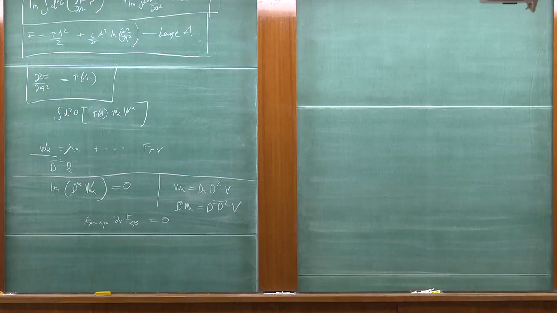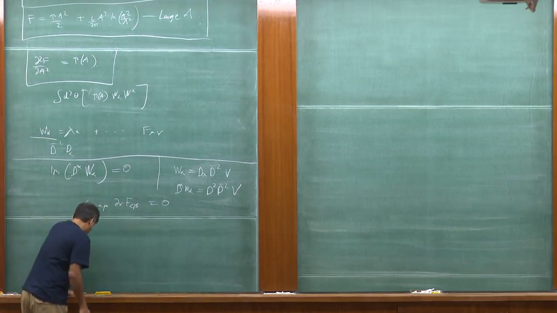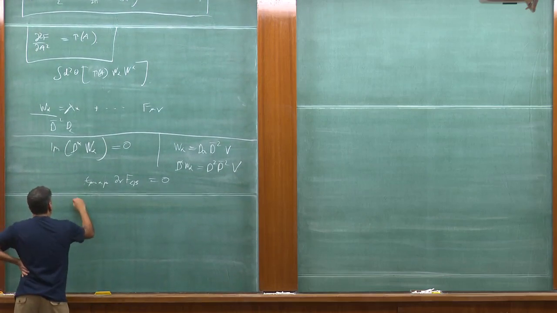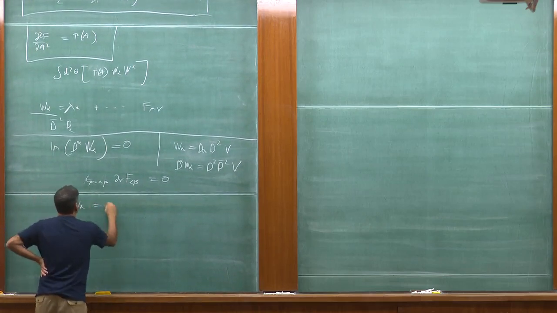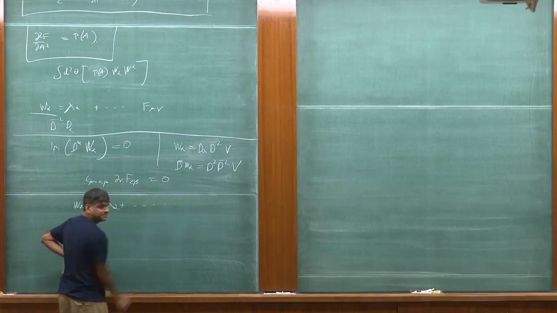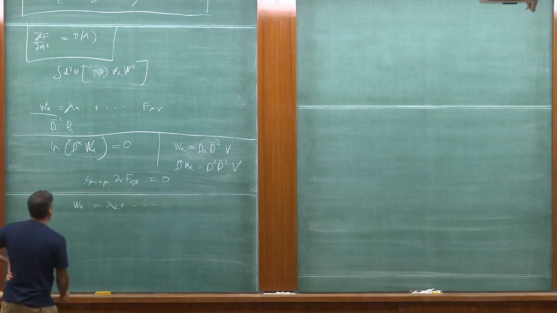Does this give a non-trivial equation on lambda? I think probably not. So let's work it out. W alpha was equal to lambda alpha plus blah, blah, blah. Oh, maybe, yes.